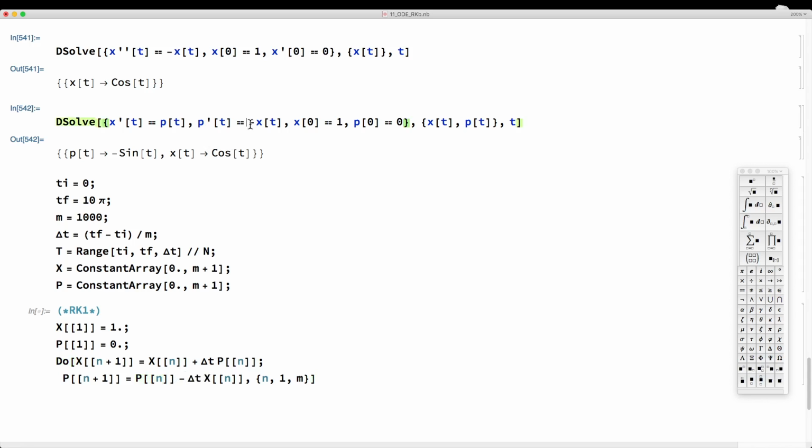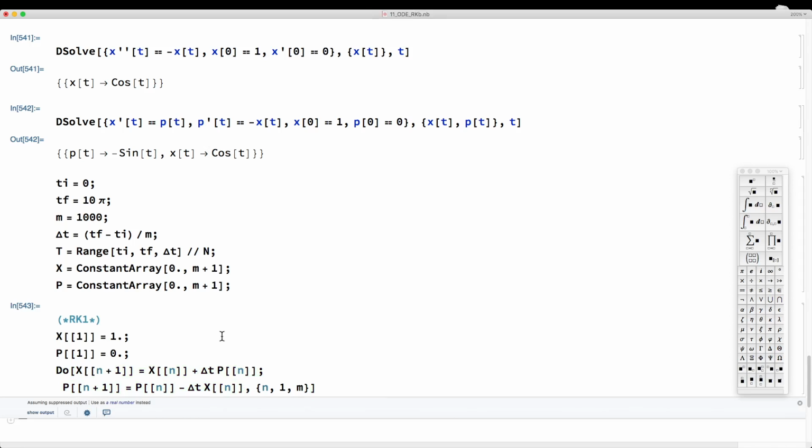But p dot is minus x. So that's the first order correction from the Taylor expansion. Essentially, this is the Euler method, which, as we argued earlier, is a first order Taylor expansion, or equivalent to an RK1 method.